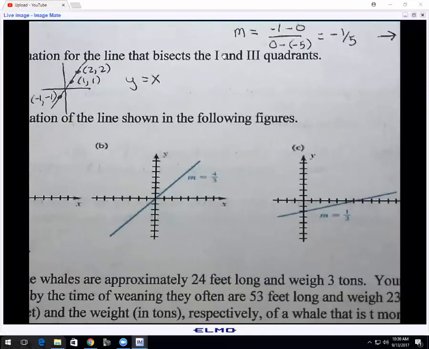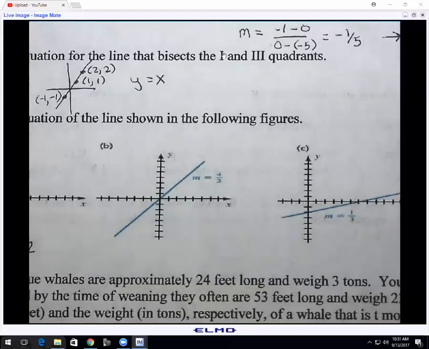What 2 pieces of information am I given in the B part that I could use to find the equation of the line? I'm given the slope, and I'm given a point. The point just happens to be the y-intercept as well. If I'm going to use slope-intercept form, then what is the y-intercept?